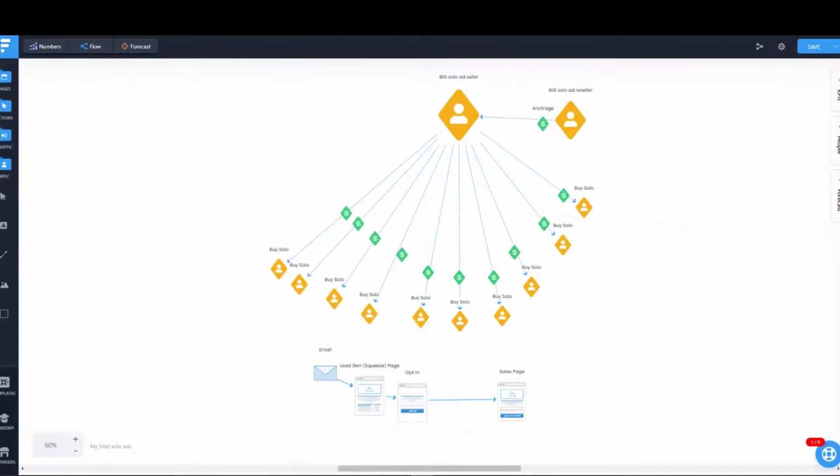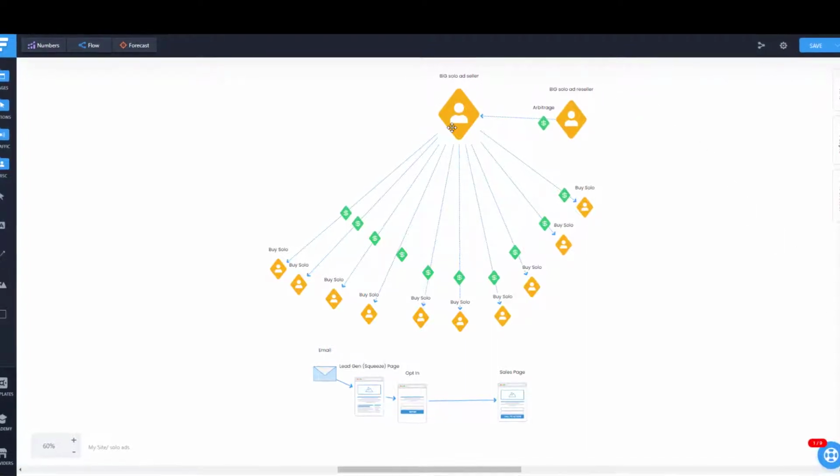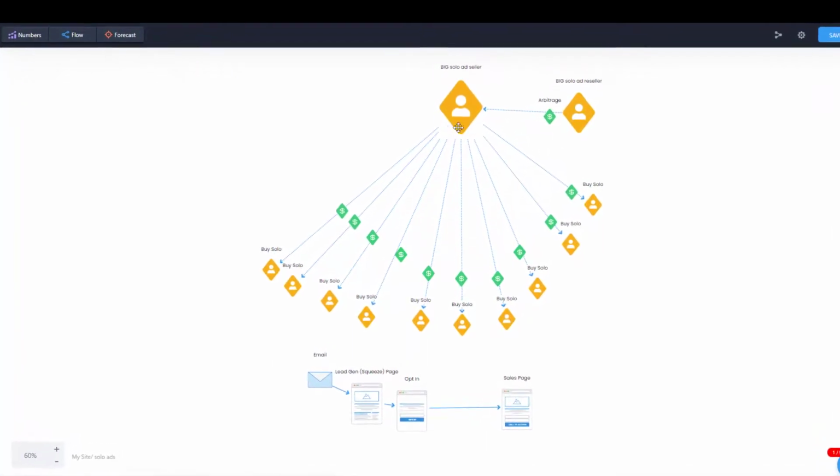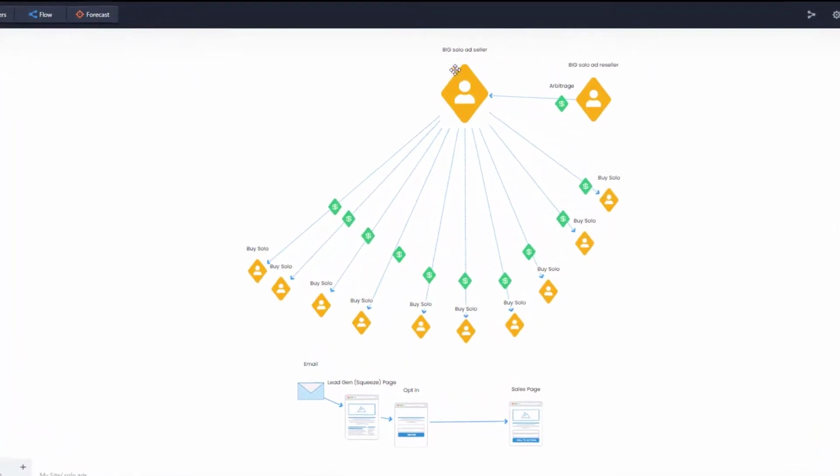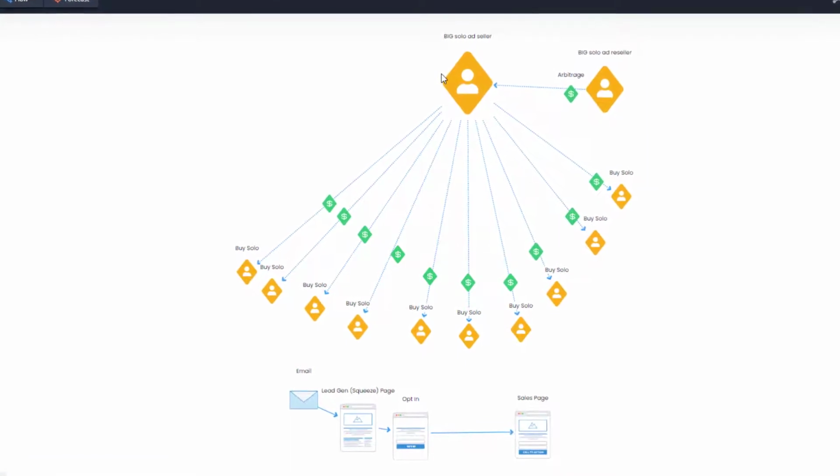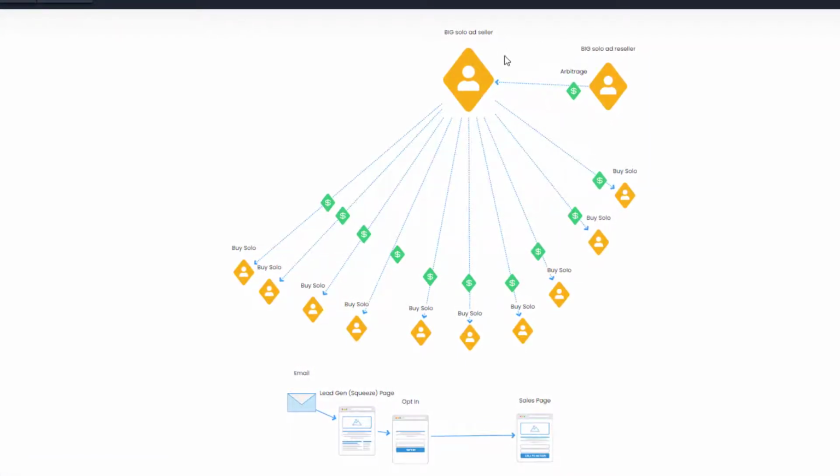Let's look at the way in which the process works and where the money flows occur in the solo ad world. We've got here a big solo ad seller. This guy has a really big list. Now at the top of that, I mentioned resellers.